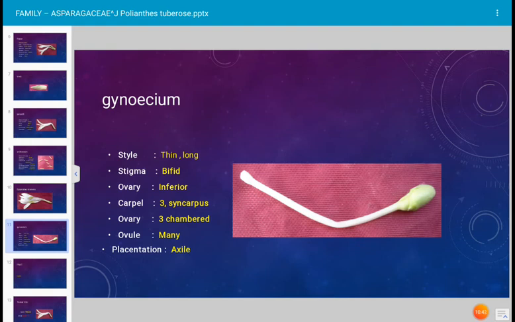In the ovary there are 3 carpels, tricarpellary ovary. Carpels are united, syncarpous condition. Ovary is 3 chambered, 3 locules are there, trilocular ovary. Ovules are many. Placentation, attachment of ovule, again it is axile placentation.